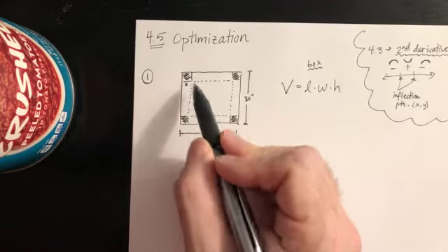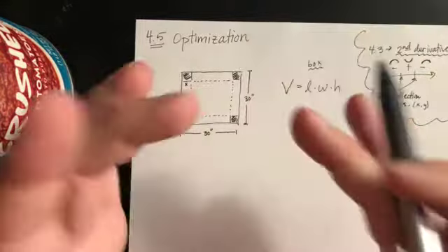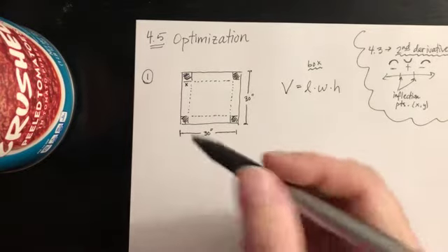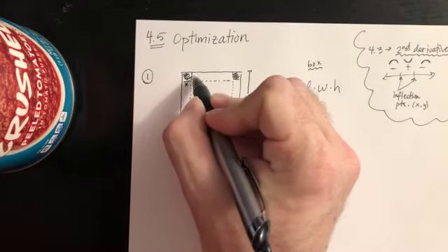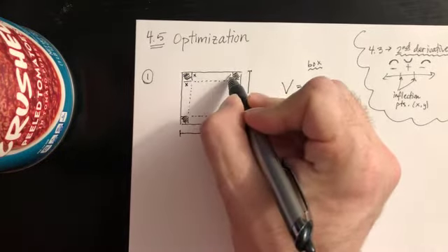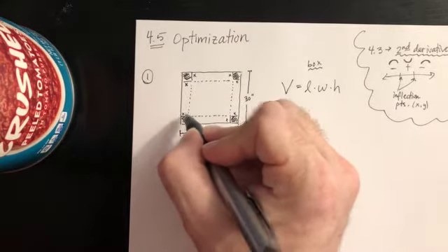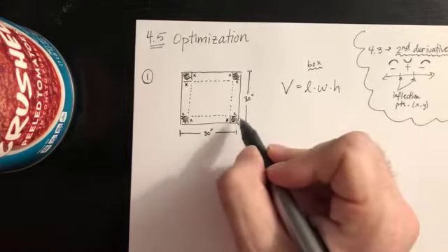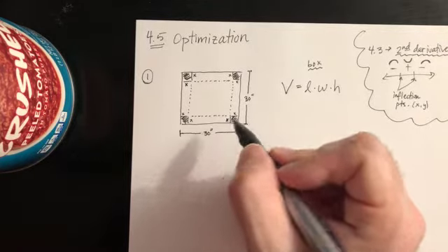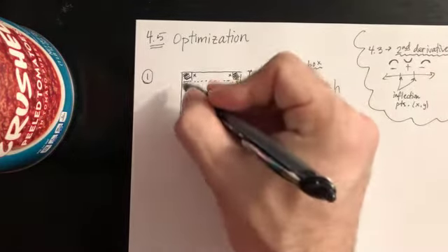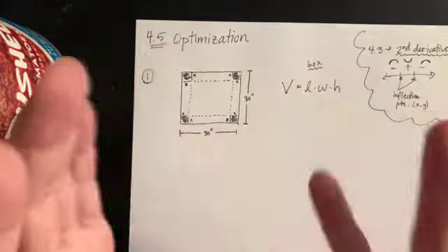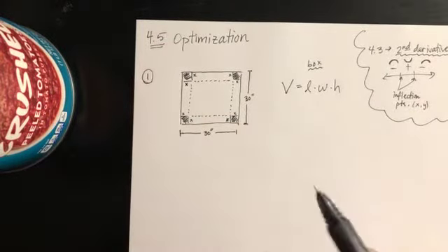How much did I cut so that when I fold up the sides, it creates a box with maximum volume? So this guy's x, and this guy is x, and this guy is x, and so on around the box. They're all the same size because I'm cutting square corners. They all have to be the same size, or else this won't fold into a box. It'll be a weird thing.